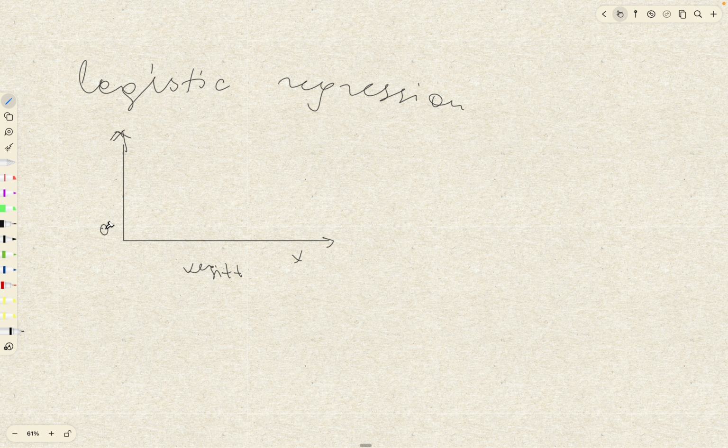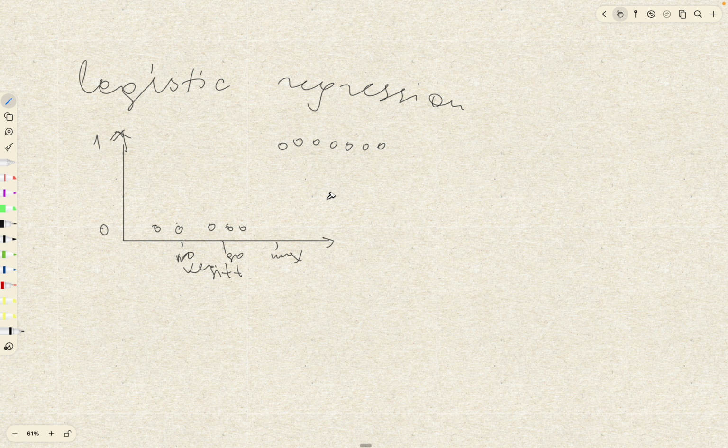Let's say this is 0 and 1, and weight, let's say 80, 90, 100, and we can place all of the people that are not obese here with empty circles, and let's say these are the people that have obesity.